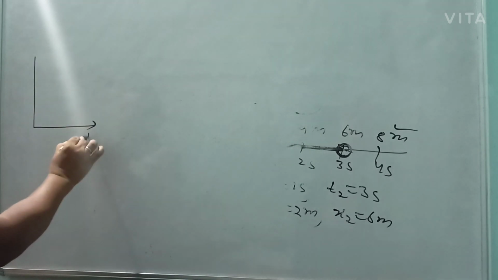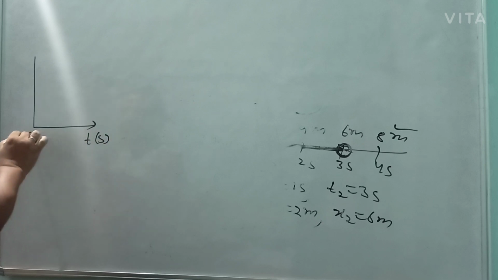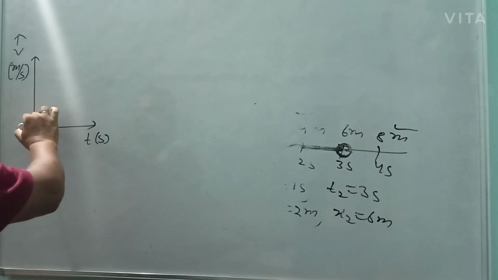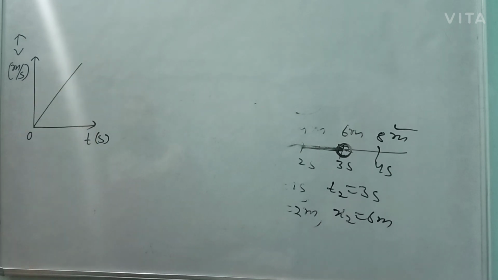This is your time axis in second, origin. This is your, suppose, velocity meter per second. If you draw a graph, the graph is of different nature. Suppose the graph is in this type. So what does it mean? It means with changing time, velocity is also changing. One can say like this. This is velocity time graph.